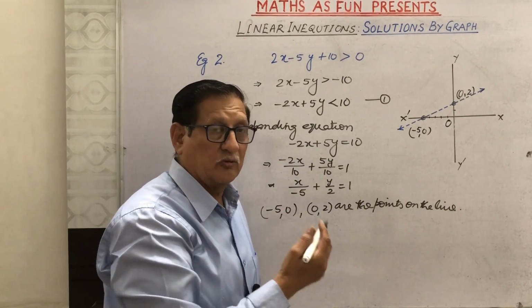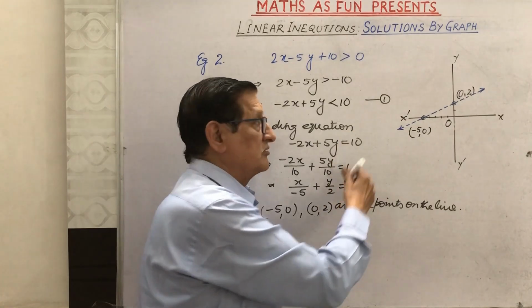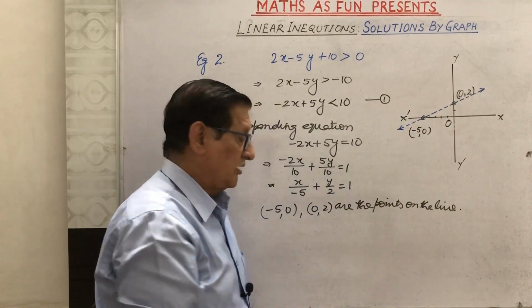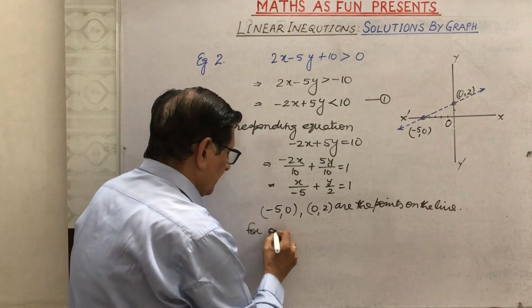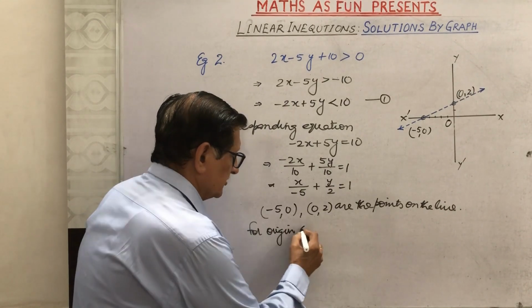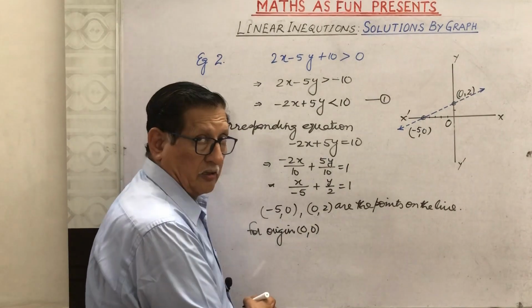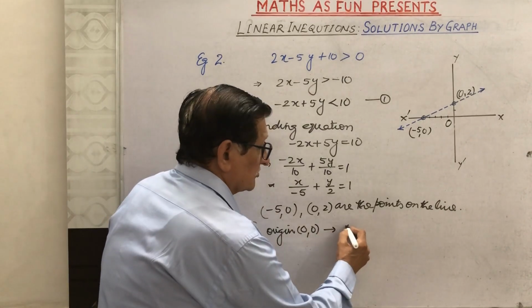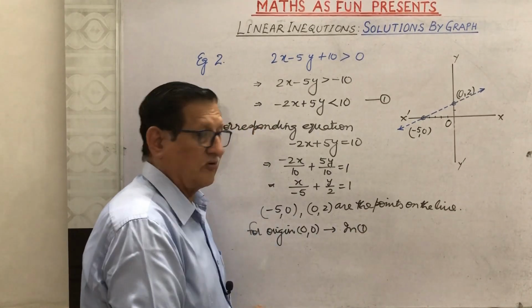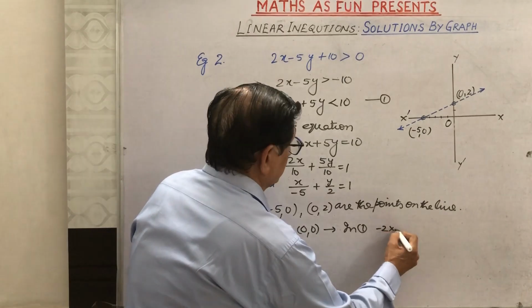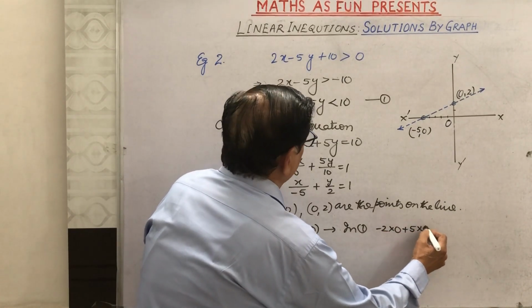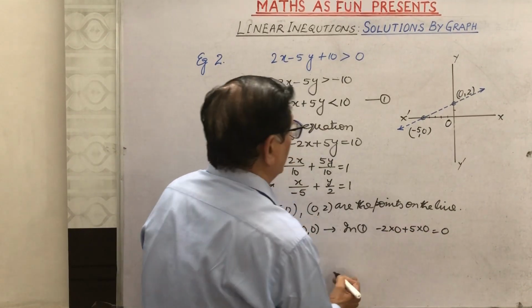For that, as I told you, we can take any point or generally we take (0, 0), that is origin. And for origin, what we find here? If we substitute these points in 1, what we find? This is minus 2 into 0 plus 5 into 0, that is 0.